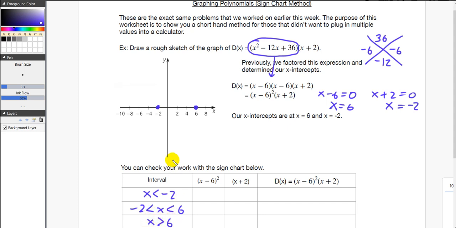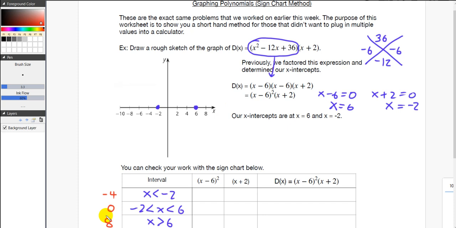This is where I told you, just choose numbers at this point. Choose any x less than negative 2, so you could do negative 4 if you wanted to. You could choose anything between negative 2 and 6, which I guess you could use 0 if you wanted to. And then any x greater than 6, so you could choose something like 8.